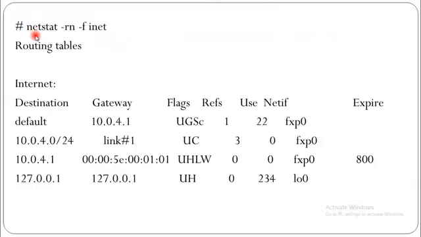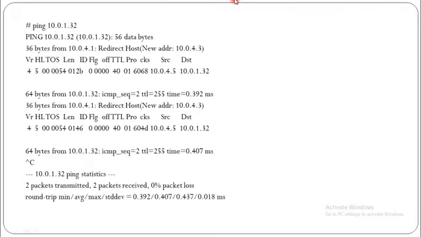Okay, so coming back to our tutorial, I'll show you one more thing. To see if host B is alive, host A sends ICMP echo requests to host B as follows.